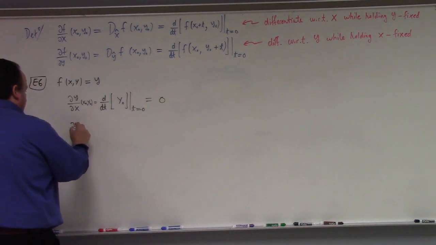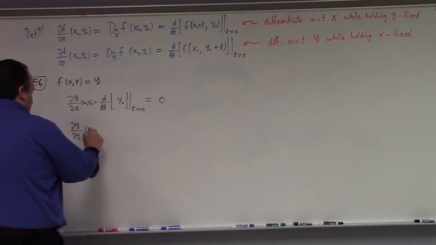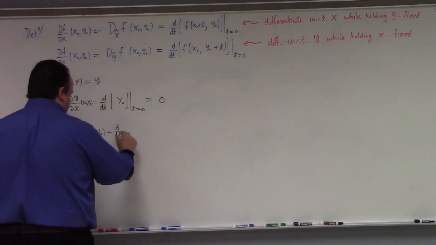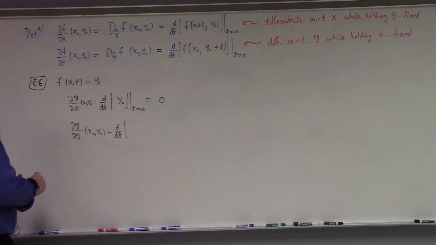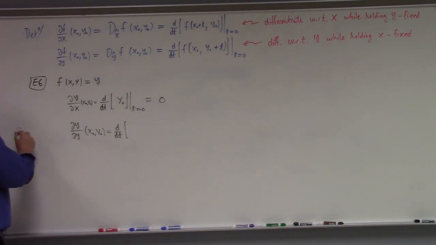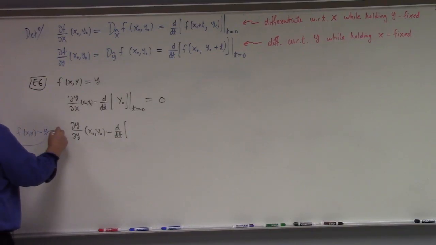On the other hand, partial y at the point x naught, y naught, d dt. So for this one, I'm thinking f of x comma y equals y to understand this calculation.